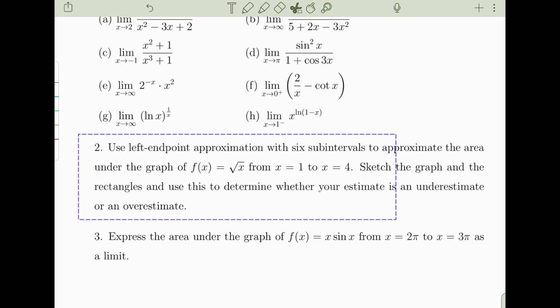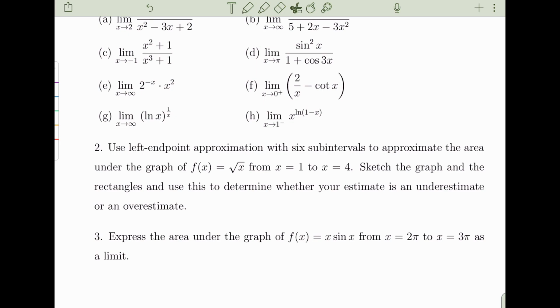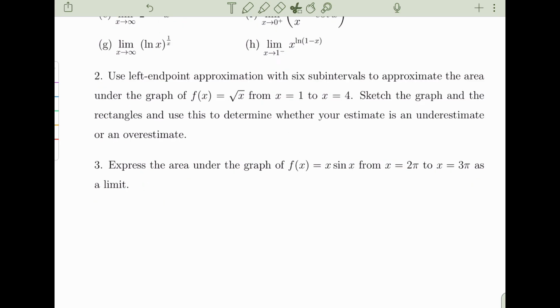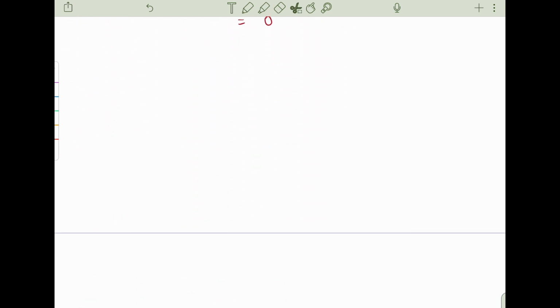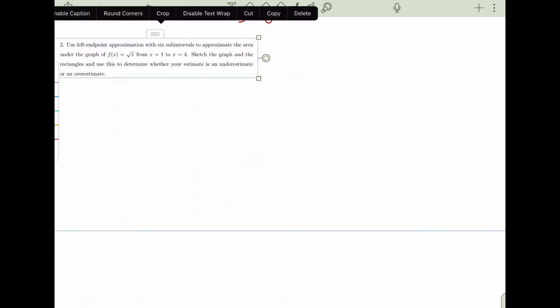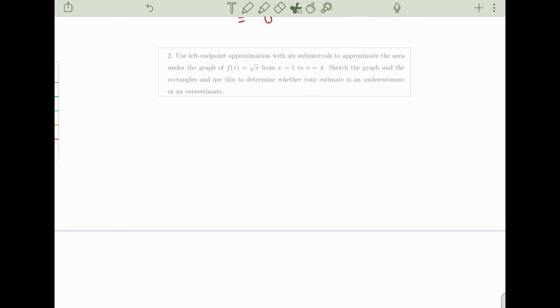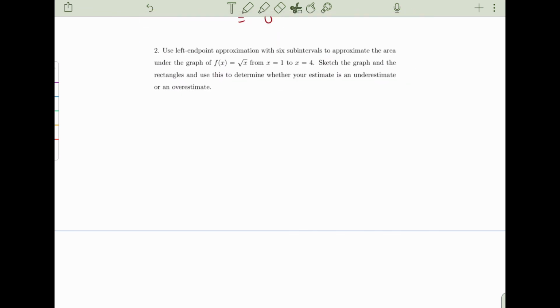Now let's take a look at question 2. Use the left endpoint approximation with 6 subintervals to approximate the area under the curve f(x) equal to square root of x from x equal to 1 to x equal to 4.